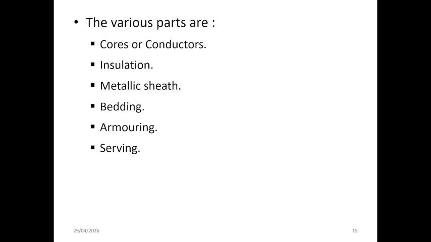Okay, this slide lists the main parts of an underground cable. The conductor carries current while insulation prevents electrical leakage. Metallic shields protect against moisture. Bedding provides cushioning, and armoring gives mechanical strength.